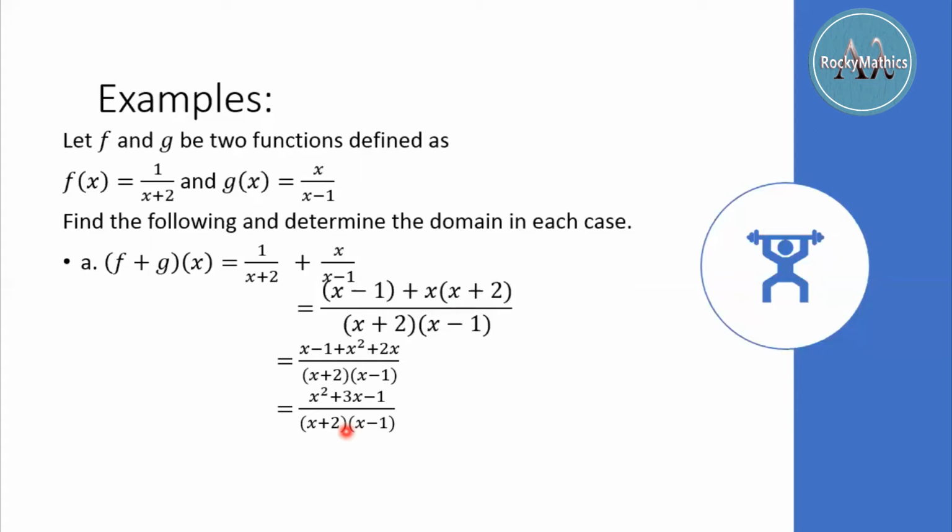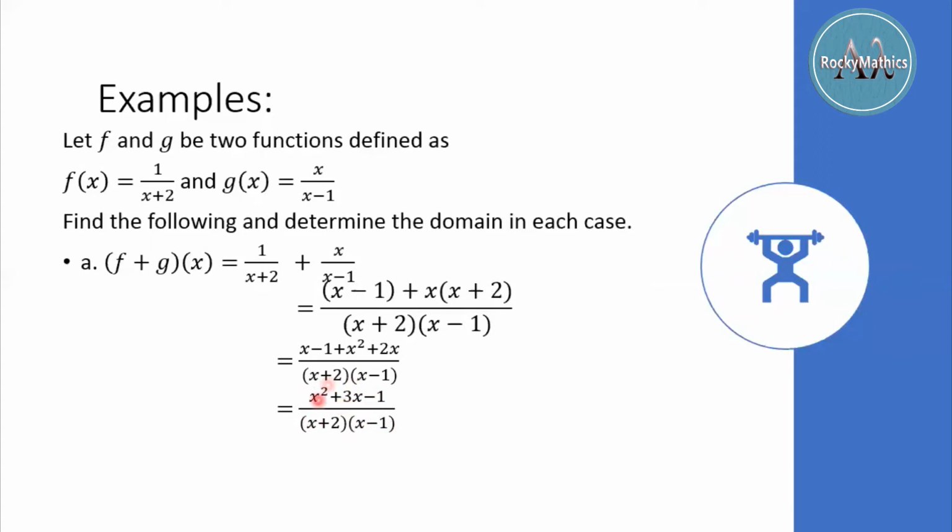Now this time, what is the domain of the sum of these two functions? Now we have to look at the denominator, since the final function is a rational function. And a rational function is defined as long as the denominator is not equal to 0.